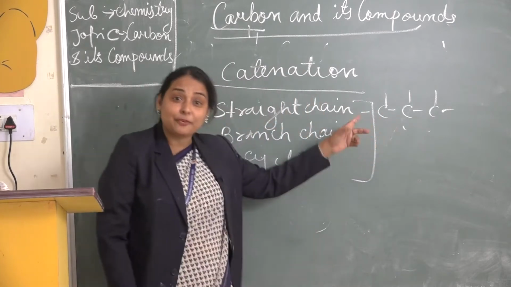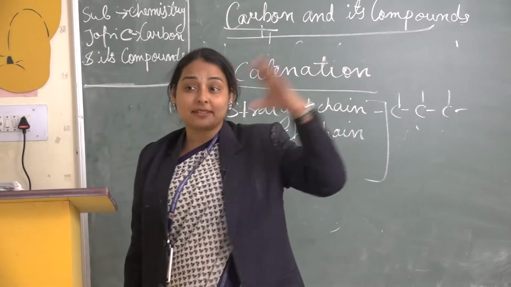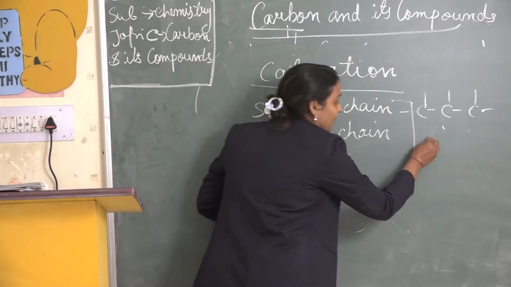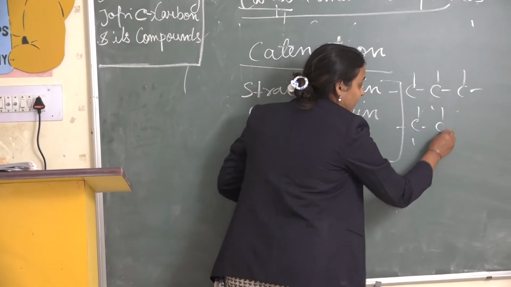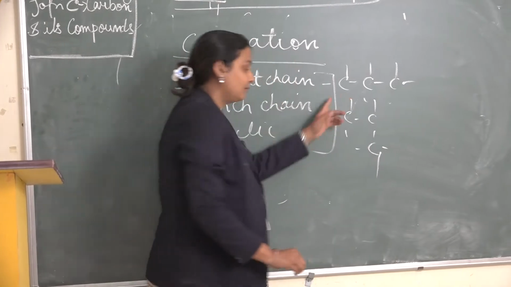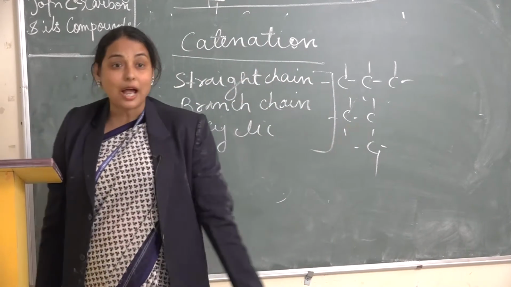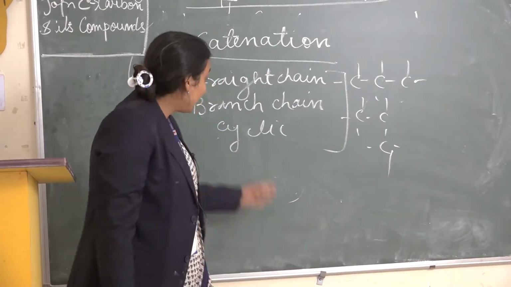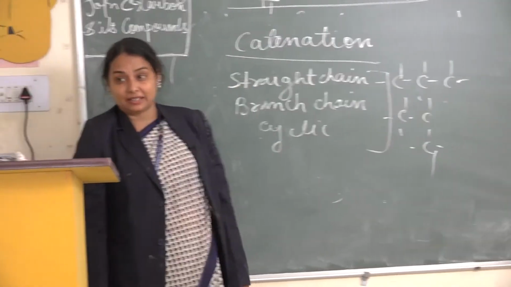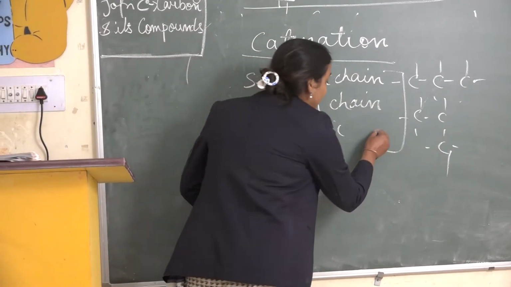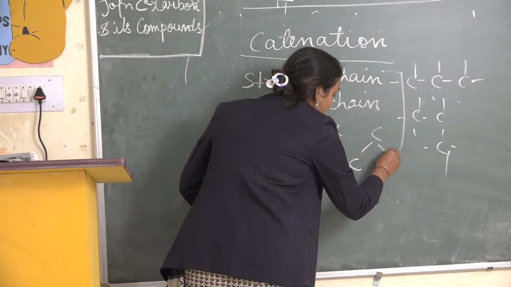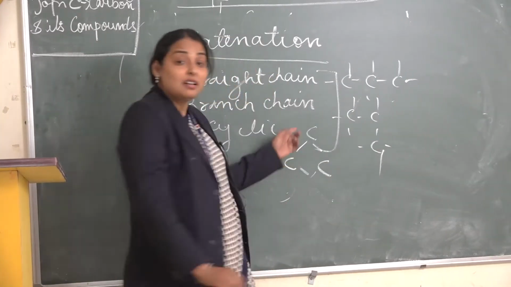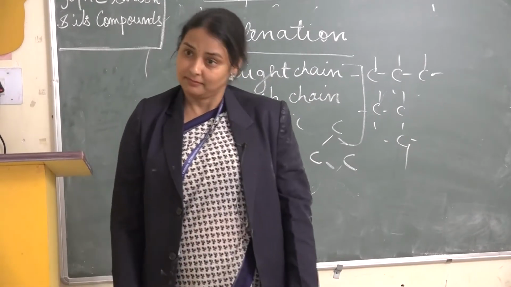When we talk about the branch, it means that after the straight chain, it can also be arranged in a branch, right? And then comes the cyclic, which means carbons are arranged in a cyclic form, right?